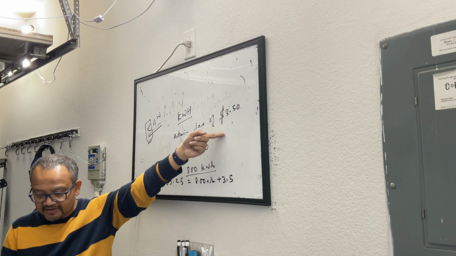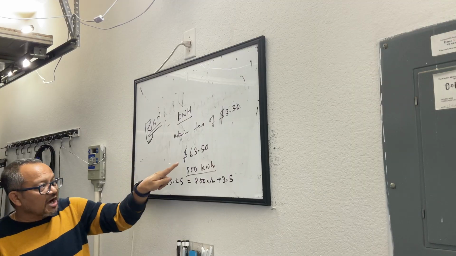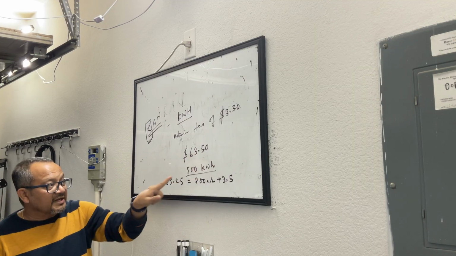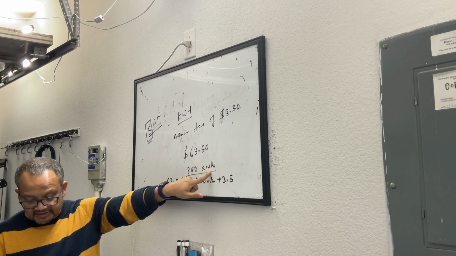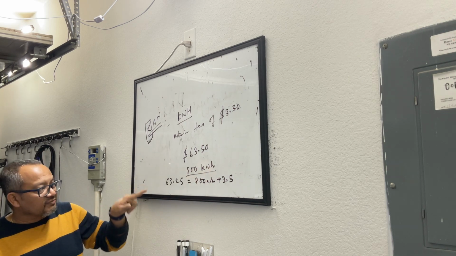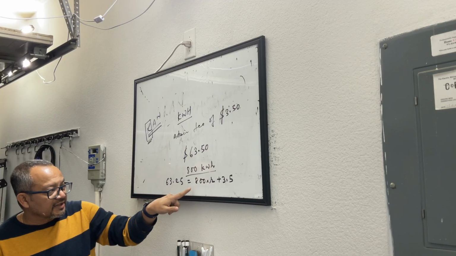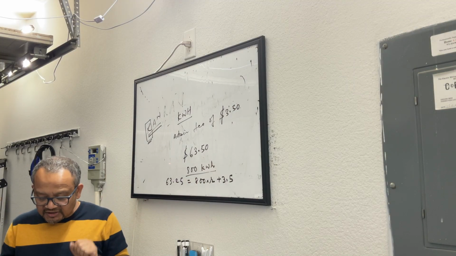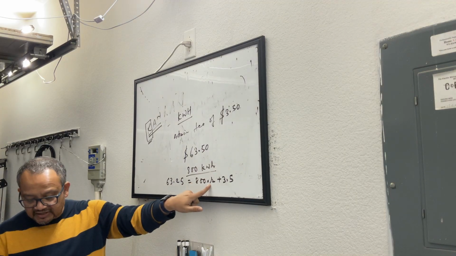The company charged Zhao 63.50 for using 800 kilowatt hours of electricity. Zhao used this equation 63.25 equal to 800 times R plus 3.5. The question is, what does the variable R represent in this equation?